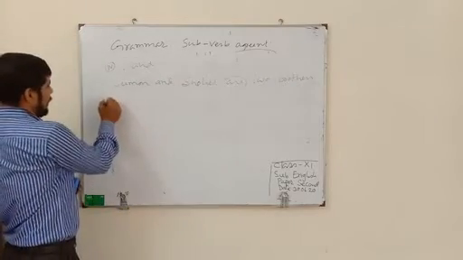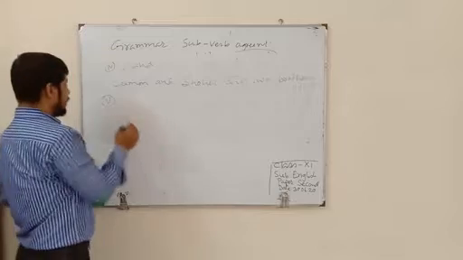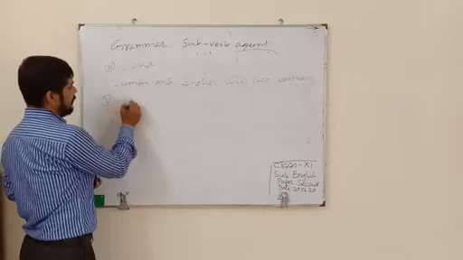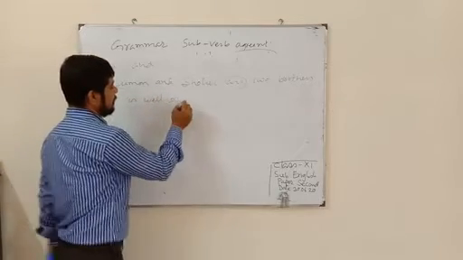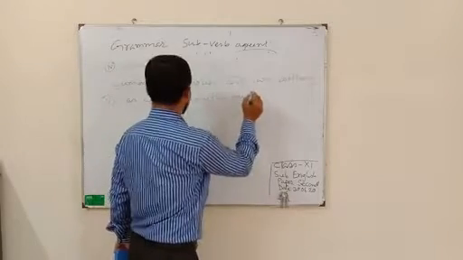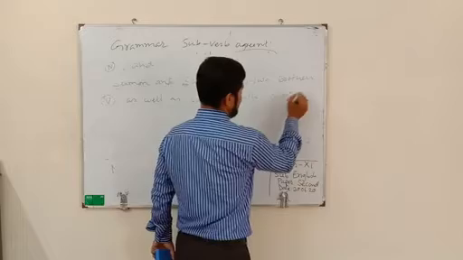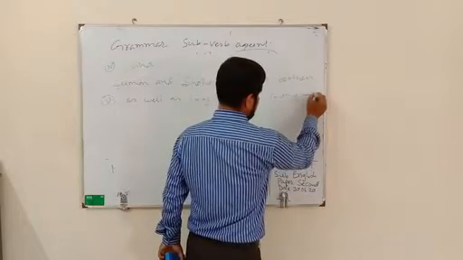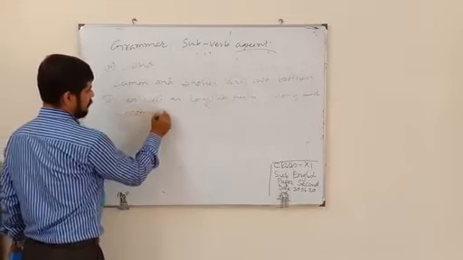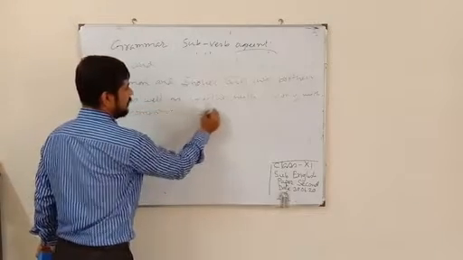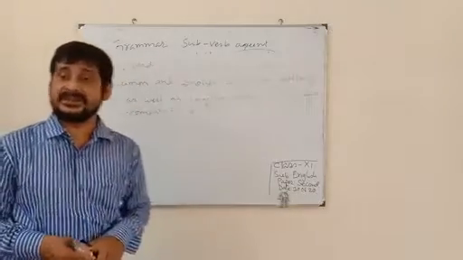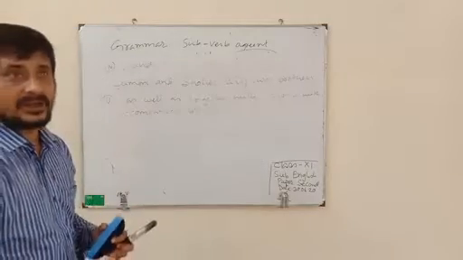Then the next one, if your subject is made with the help of as well as, together with, along with, accompanied by, the verb can be singular or can be plural.